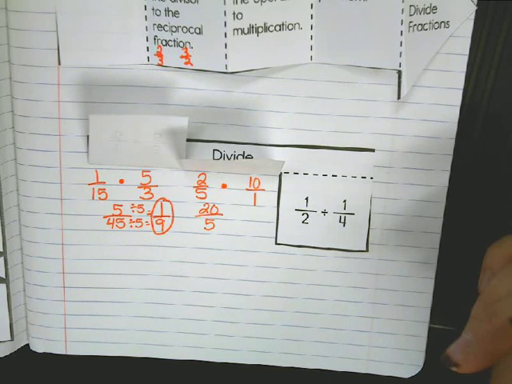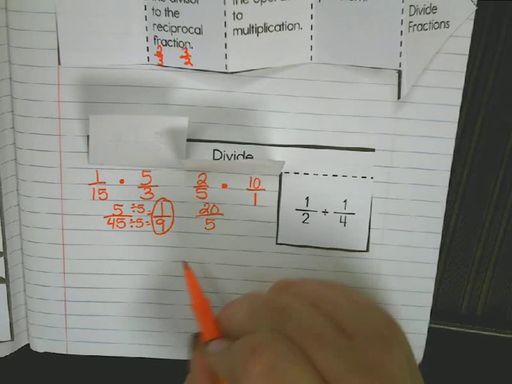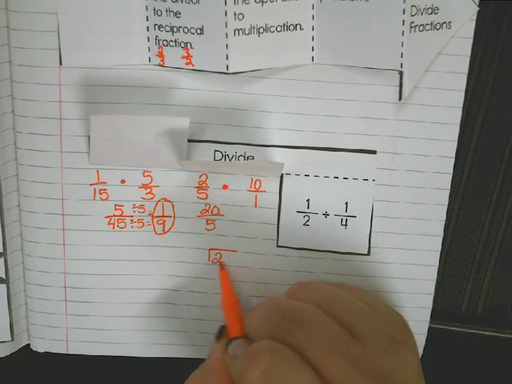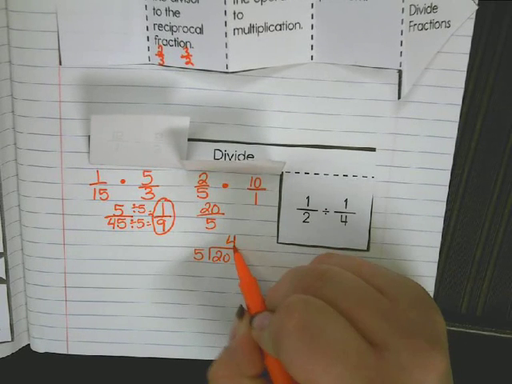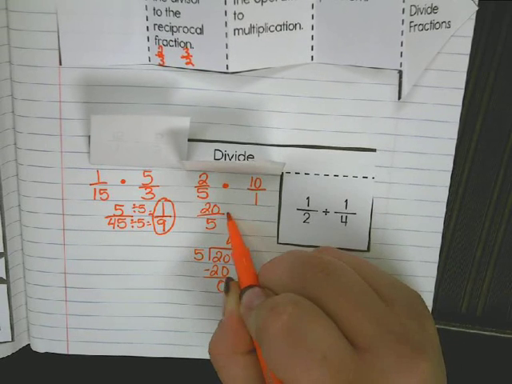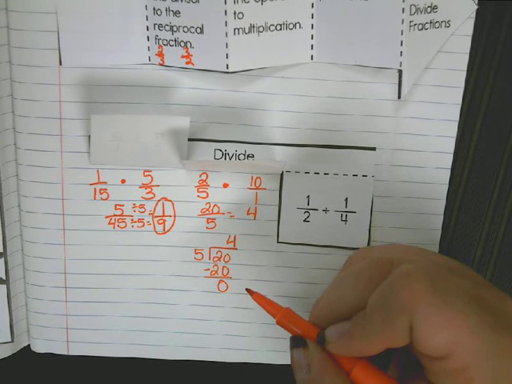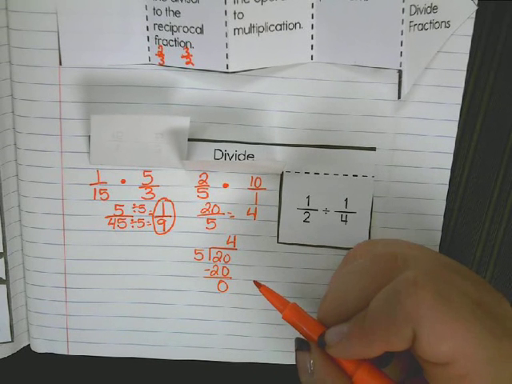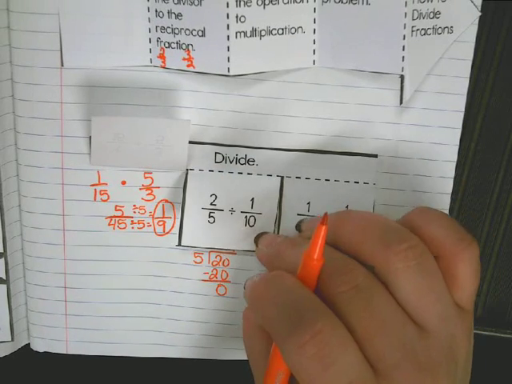See how many times it goes in. So I have to take 20 divided by 5. So 5 goes into 20 4 times, which gives me 20. I have 0 left over, so my answer is 4, just 4, your whole number. So if I take 2/5 and divide it by 1/10, I get 4.